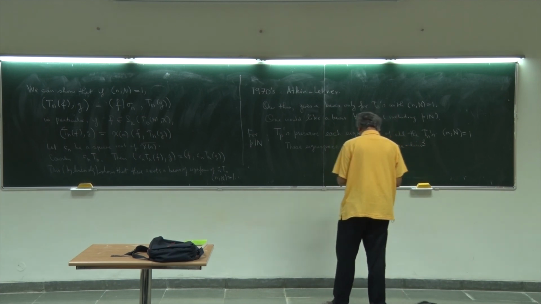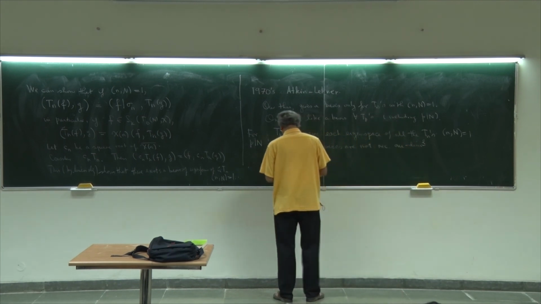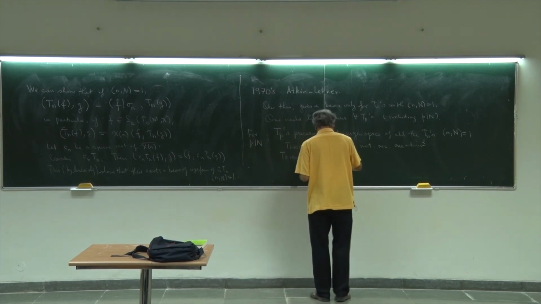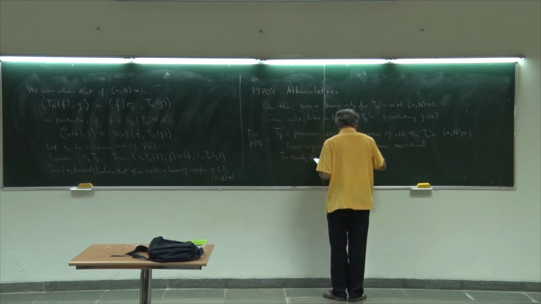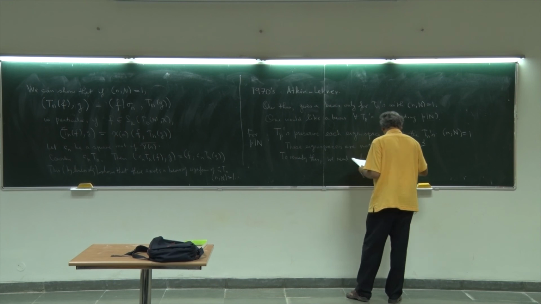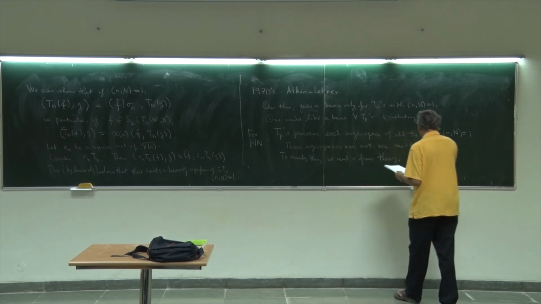And so, in order to remedy this, we need a finer theory. This is what's called the Atkin-Lehner theory.